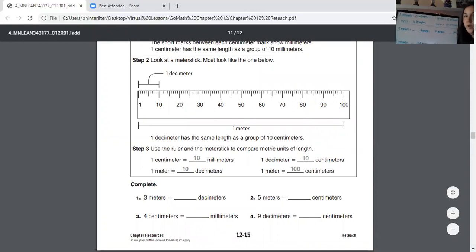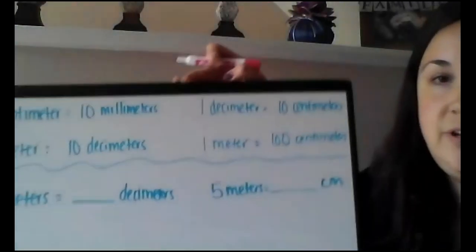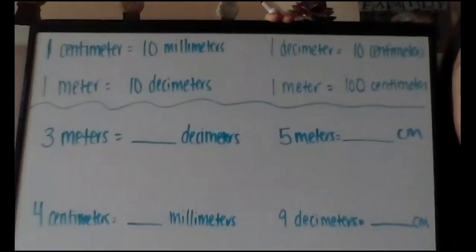And 1 meter equals 100 centimeters. So I have that written up top. Now, I'm going to go ahead and stop sharing this page so you can just see me. Okay, so as I said, I have the key written on my whiteboard and I have the problems here, okay?